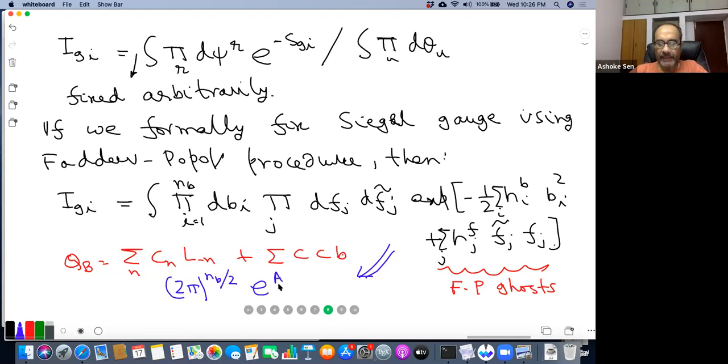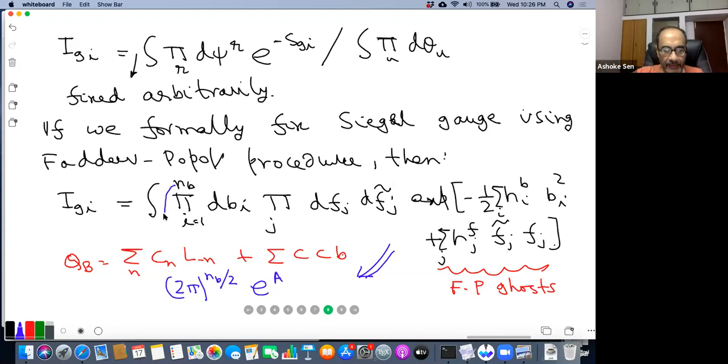We had written down the expression for e to the a. That is exactly like this, except that each b had a factor of integral db over square root of 2 pi. So that is missing. So this is 2 pi to the nb by 2 times e to the a. So what is nb?